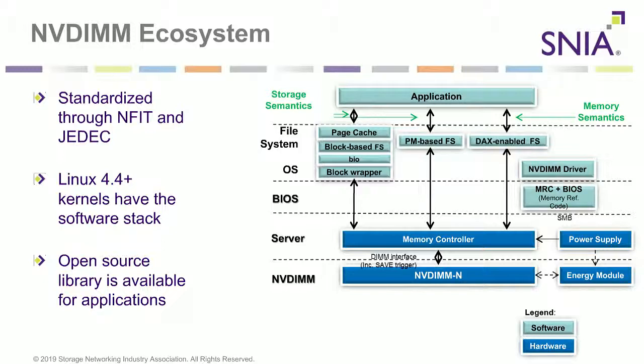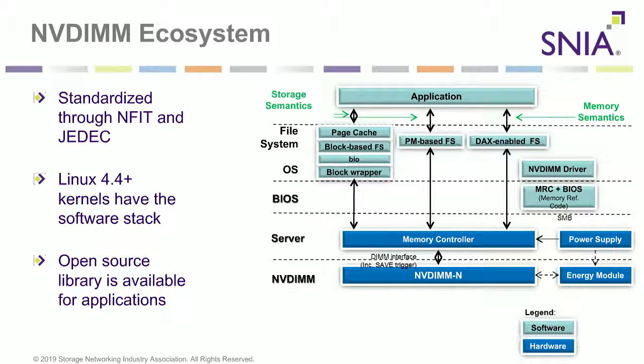If you're using a later kernel like 4.8 or 4.10, it already has a PM-aware file system built into it, so you can actually create a partition based on the PM-aware file system, and you would be able to access it. That is the fastest way of accessing it without modifying any of your applications for the block.